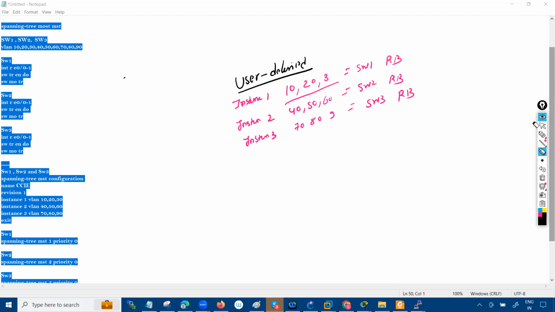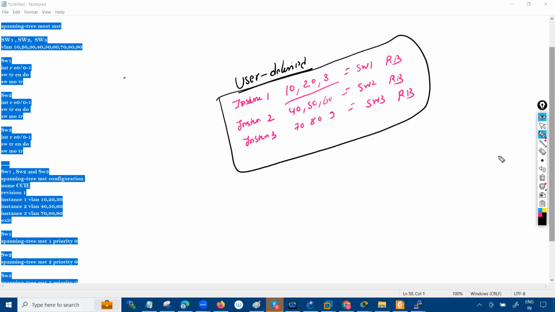Only the MST instance configuration differs. The switches generate a hash value for this configuration, and this hash value will be present in your BPDU.